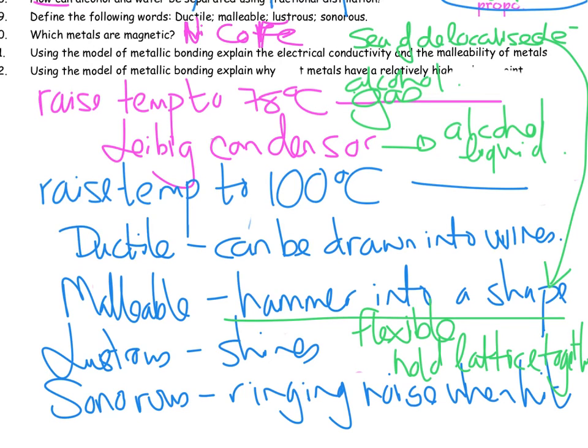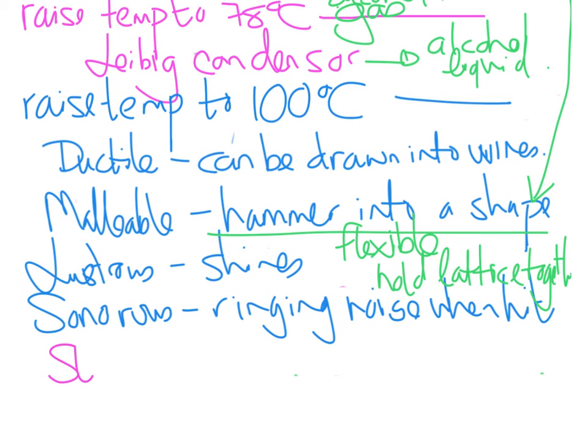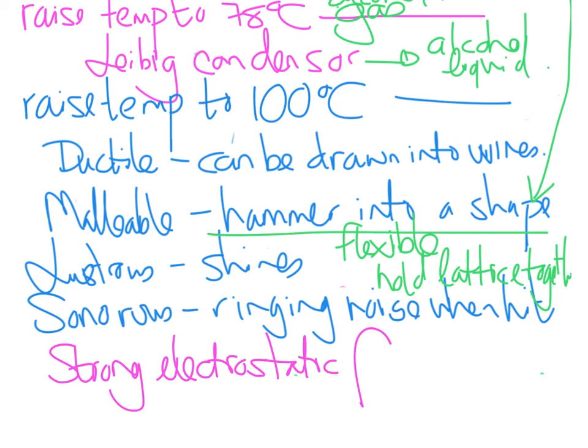Use the model of metallic bonding to explain why metals have a relatively high boiling point. Metals have a relatively high boiling point, and that is because there are strong electrostatic forces, and this is an important thing. Strong electrostatic forces. Where do they come from?